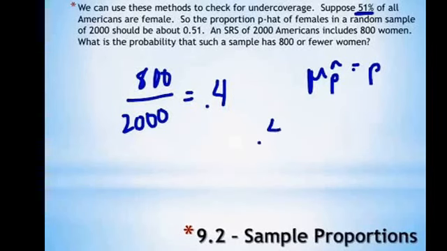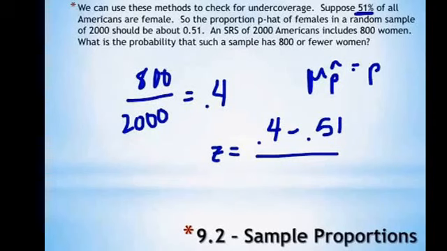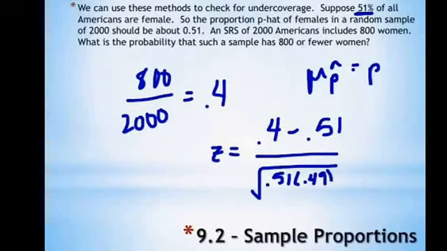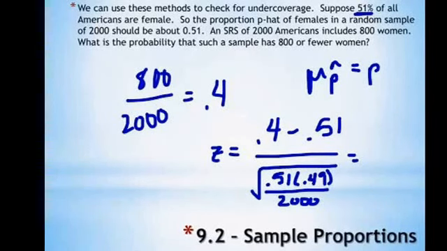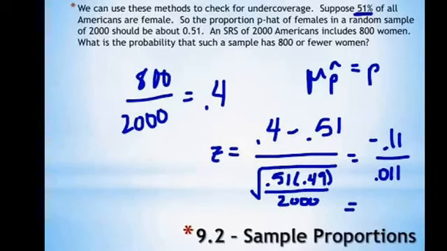So we have 0.4 minus 0.51 over our standard deviation, which is the square root of 0.51 times 0.49 over 2,000. So I have negative 0.11 over 0.011. And I get a z-score of something crazy, negative 9.8.